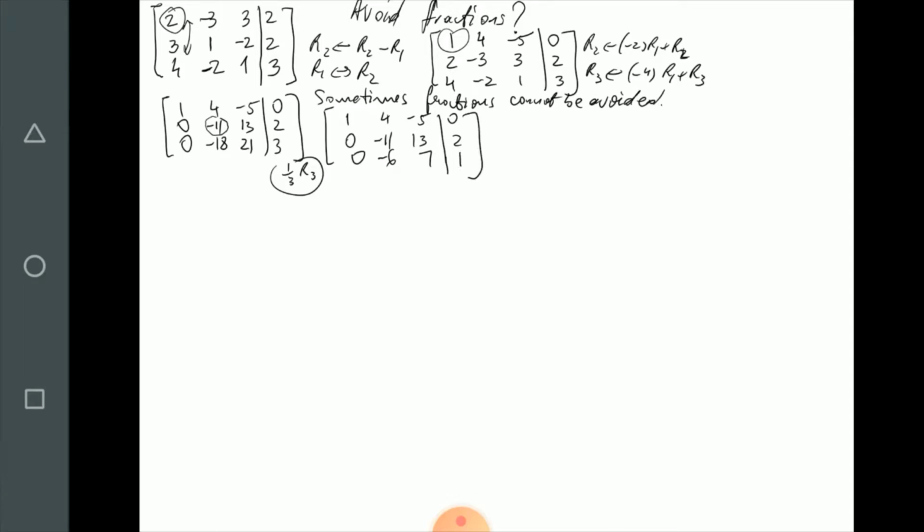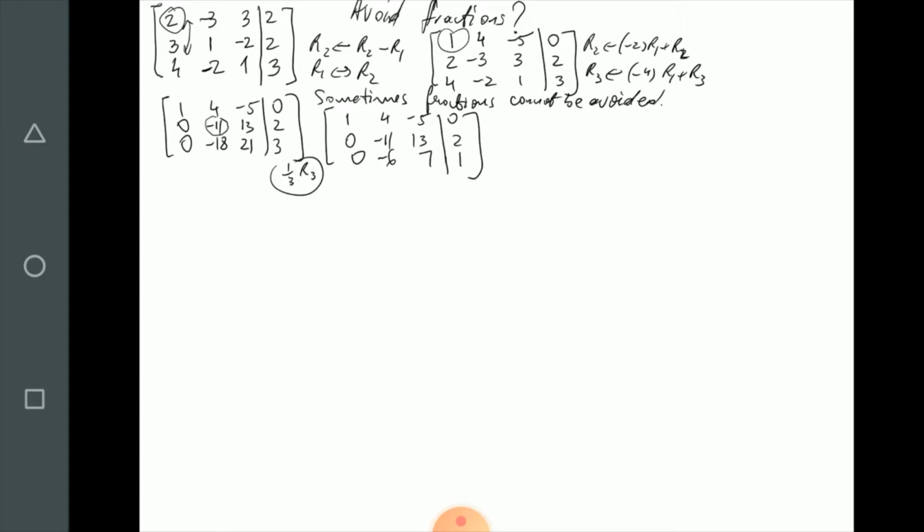So can I make a row operation to avoid fractions so I can place a leading 1 instead of minus 11? Well, this might be less obvious than the first step when I exploited the relationship between 2 and 3. I noticed that the difference between them will produce 1. But if you look carefully and with some experience, you again can avoid fractions. Because if I multiply minus 6 by minus 2, I'll produce a 12.